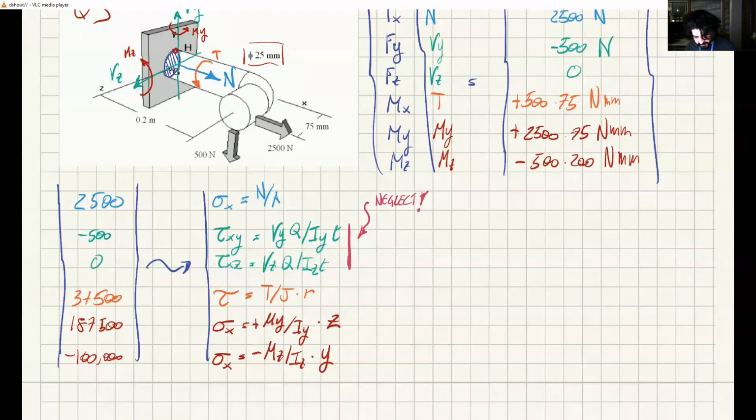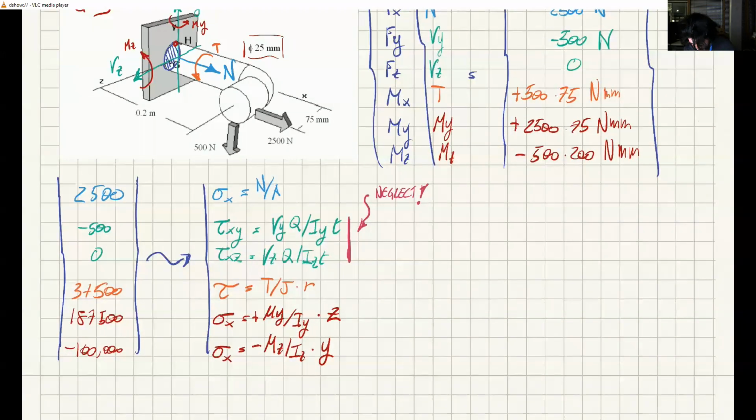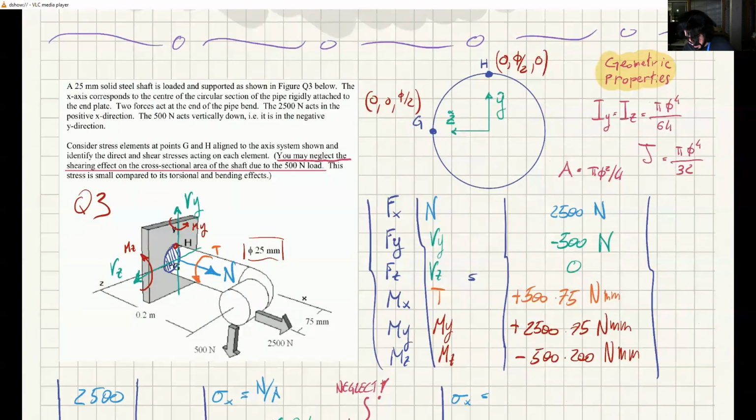Now, let's substitute the equivalent for G. Let's substitute the radius of G, the Z coordinate of G, and the Y coordinate of G to find the stress state at G. So for point G, I have that sigma x equals the normal force 2500 divided by the area, which is a number.